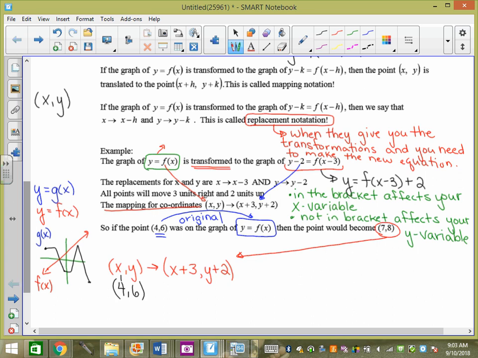So if I have the coordinate 4, 6, I just plug 4 in for x and 6 in for y and see what I get. So 4 plus 3, 6 plus 2. And so I get 7, 8 is my new coordinate. And it's right. We agree? Okay.